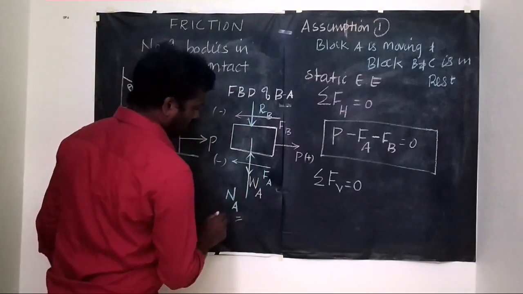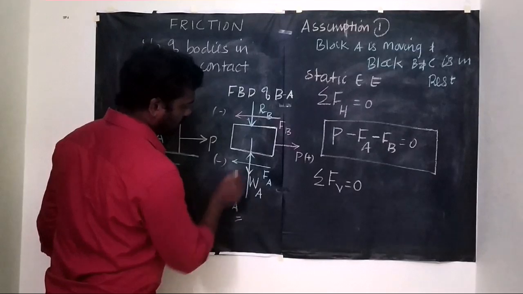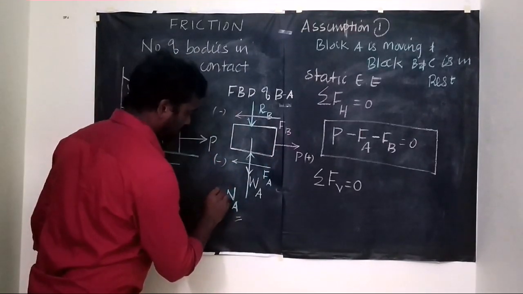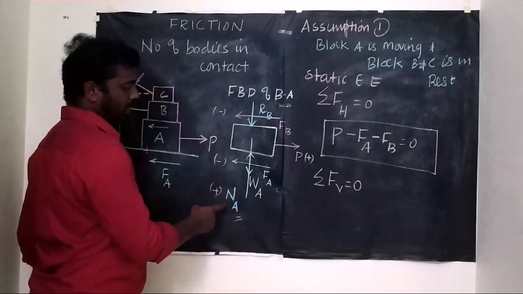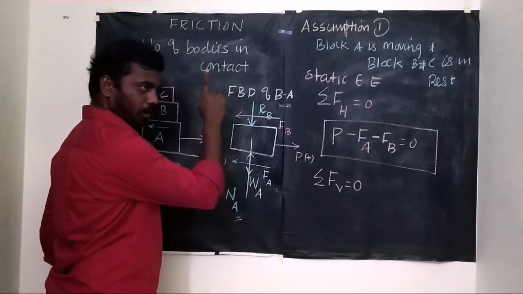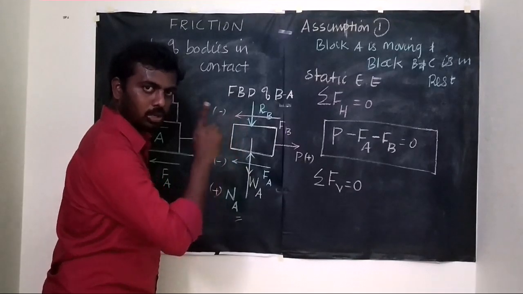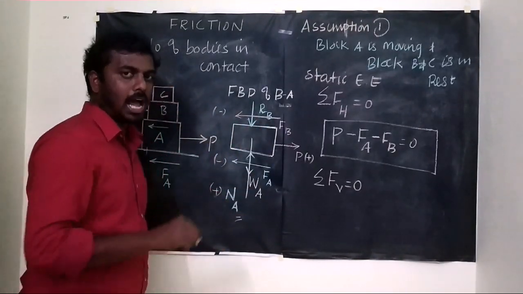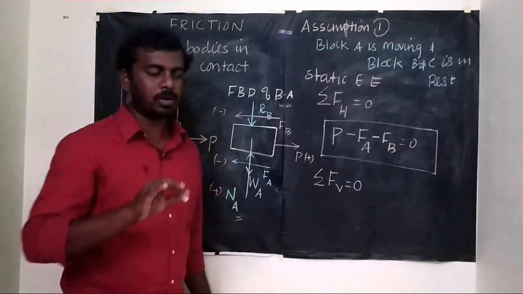Here the normal reaction force at this junction, that is N suffix A, is acting upward, so assume it positive. The remaining 2 forces, that is R suffix B and the self-weight, act towards the ground, so assume them negative.